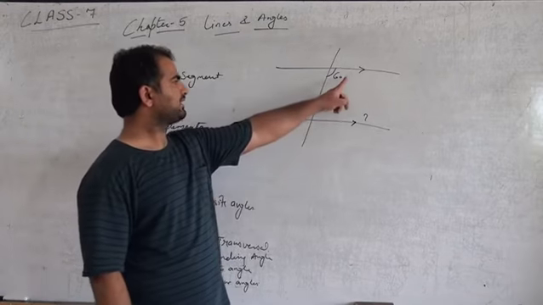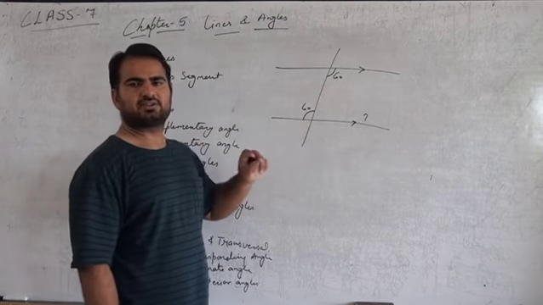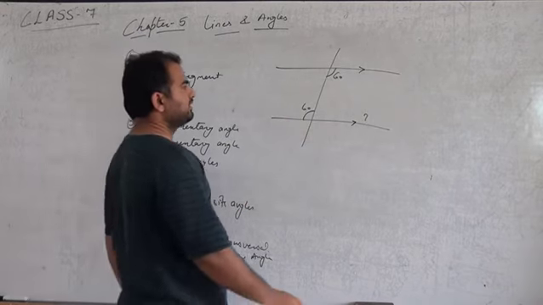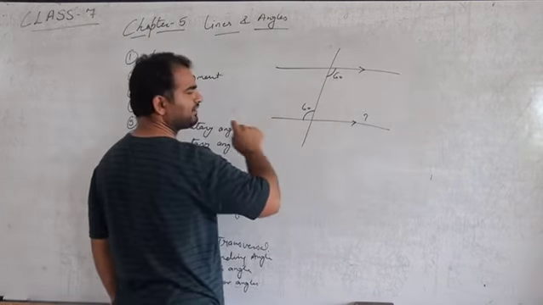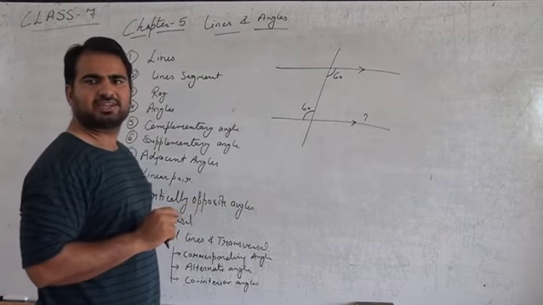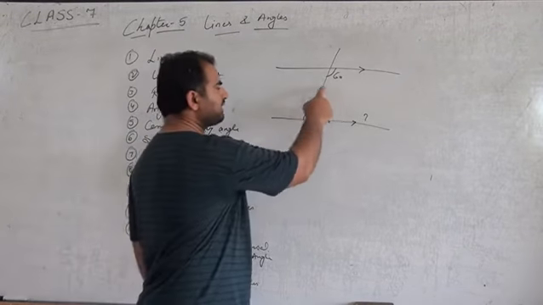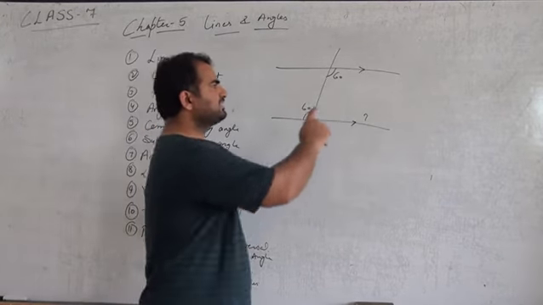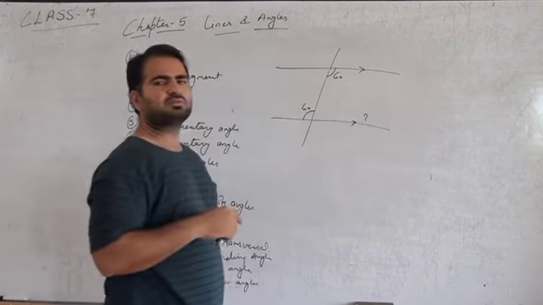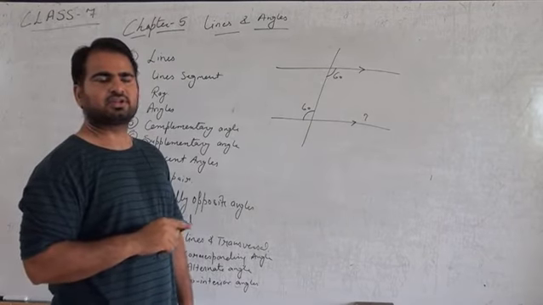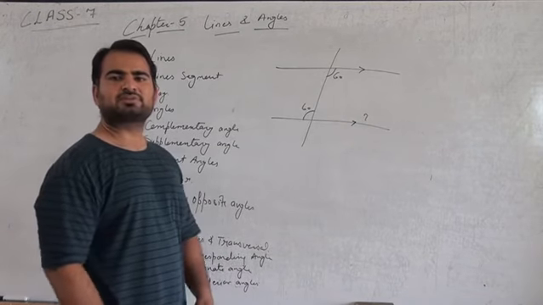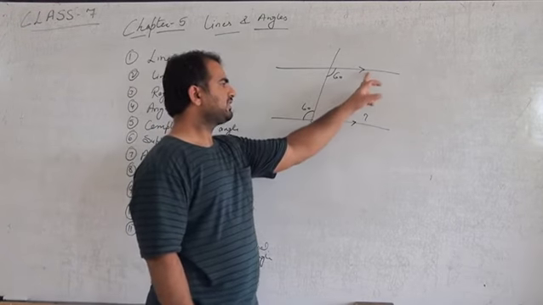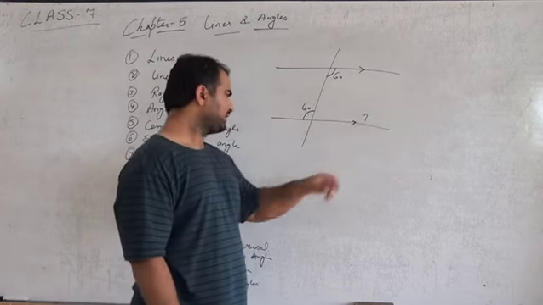We know that this is making a Z-like structure and the angles are the same. So when the angles are the same, the lines must be parallel to each other. So we can say that this line and this line are parallel.